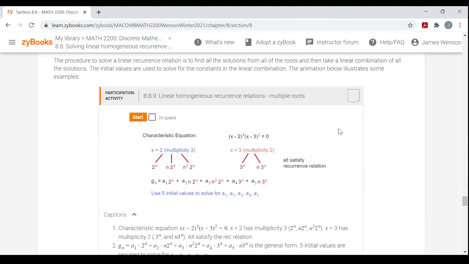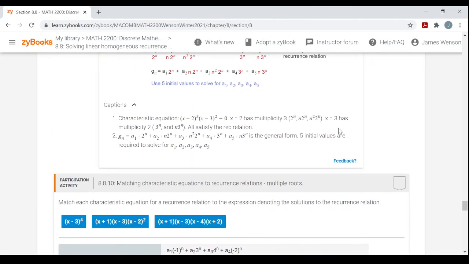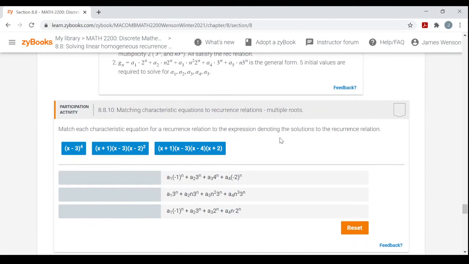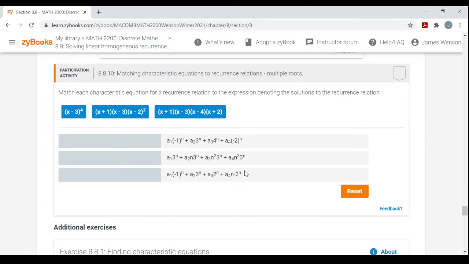Let me show you an example down here. This one is just match each characteristic equation with its general solution. So like here, if the characteristic equation had x minus 3 to the fourth equals 0, then 3 would be a solution 4 times.